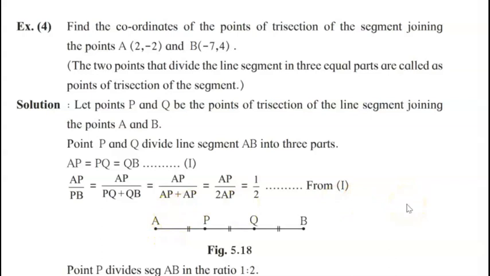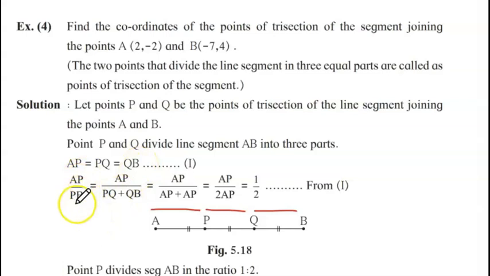The first part is AP, the second part is PQ and the next part is QB. Points P and Q divide line segment AB into 3 parts, that is AP is equal to PQ is equal to QB.